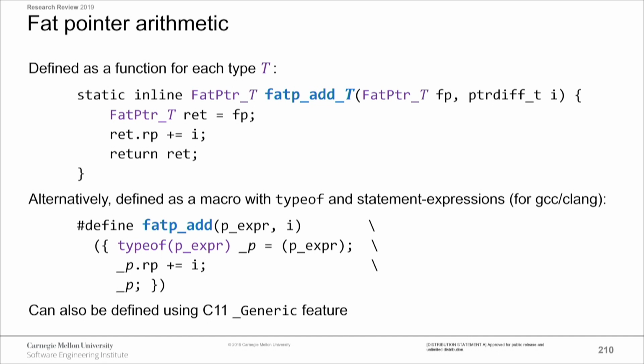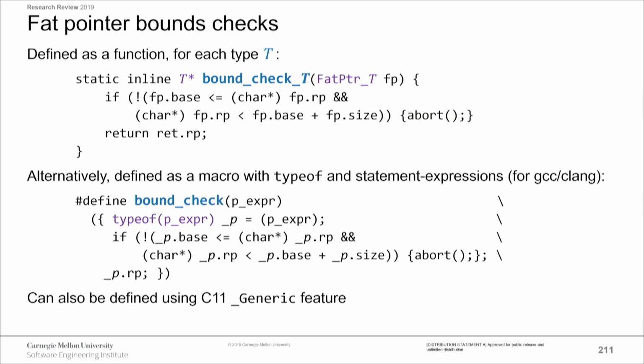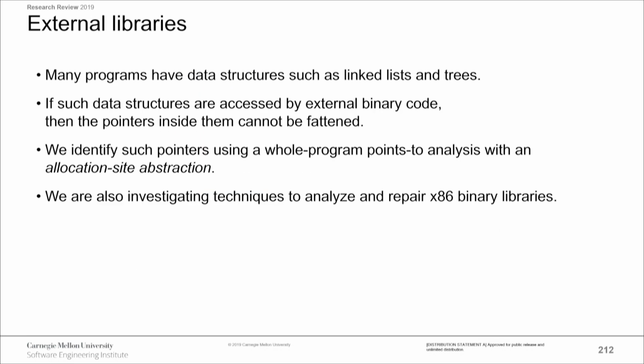The advantage of the macro approach is that the name of the function-like macro is shorter, so we clutter the code base less, but it's less portable, so there's a trade-off there. And we let the user pick which of these they want to use. For bound check, this function just checks to make sure that the pointer is within the bounds. If it's not, then we abort. Otherwise, we return the raw pointer.